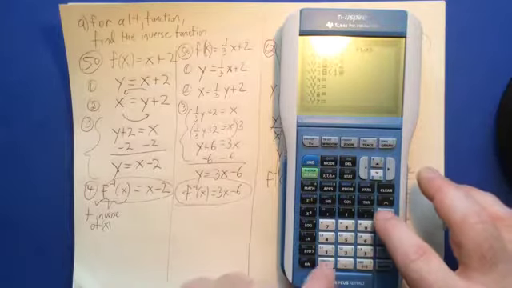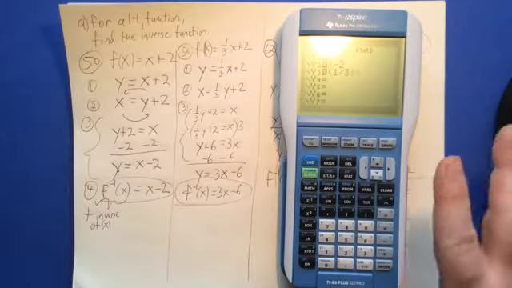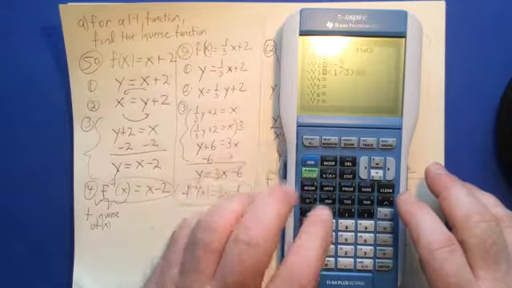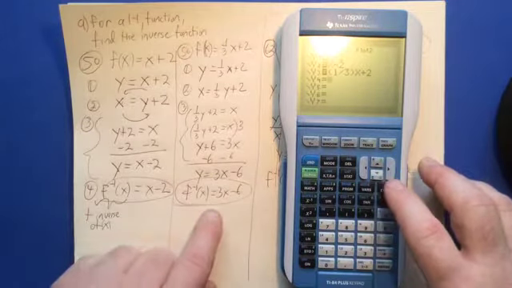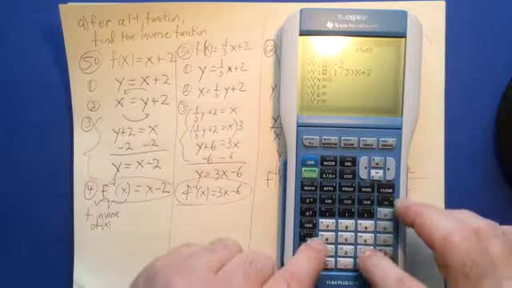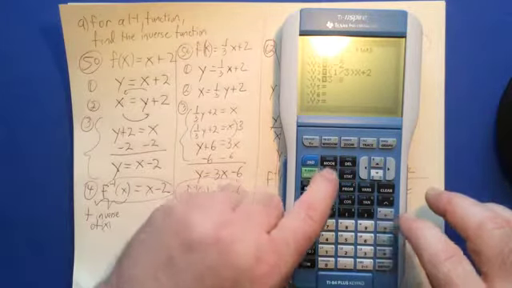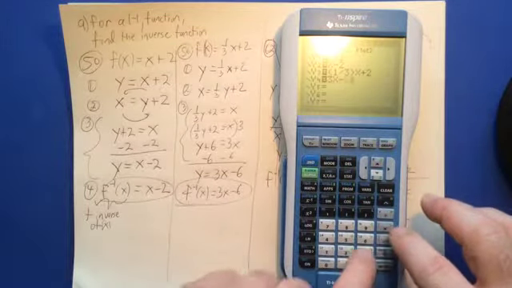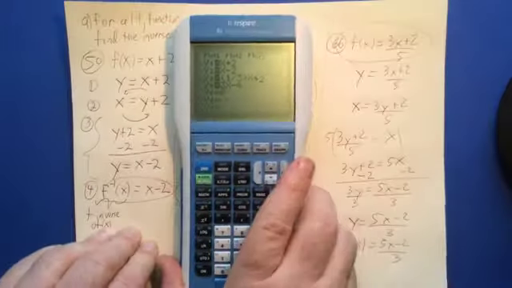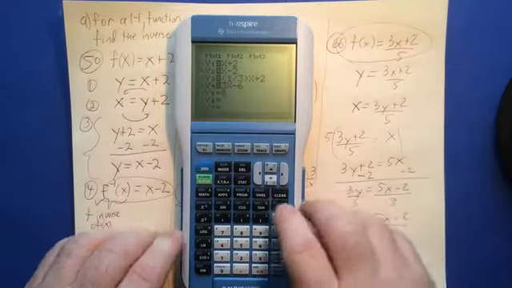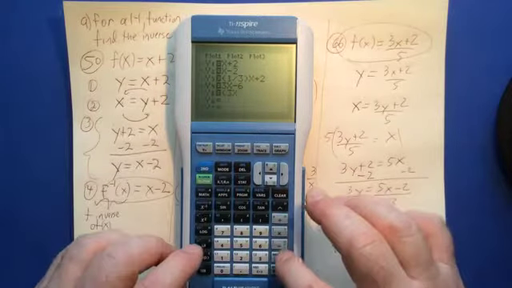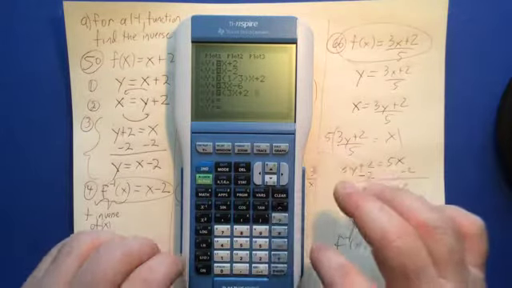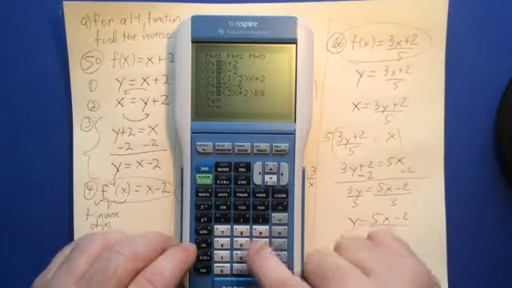I'm putting all these in at the same time, and I'm going to only graph a couple at a time. Let's see, it's going to be 3x minus 6. The next problem, we have our function here of 3x plus 2 in parentheses divided by 5.